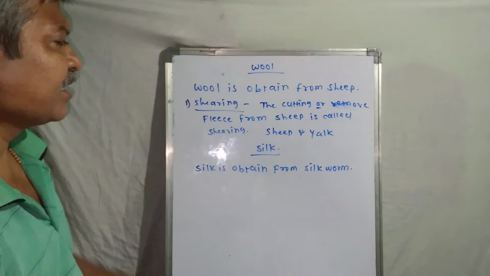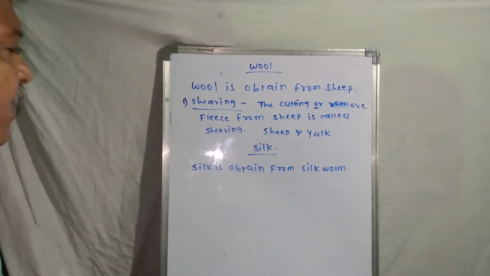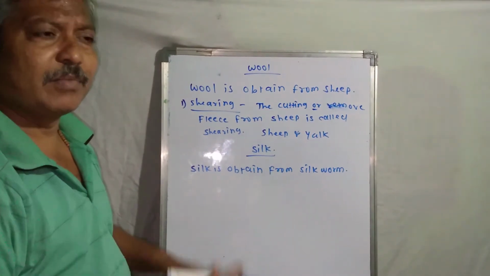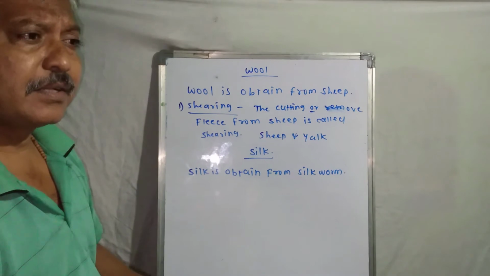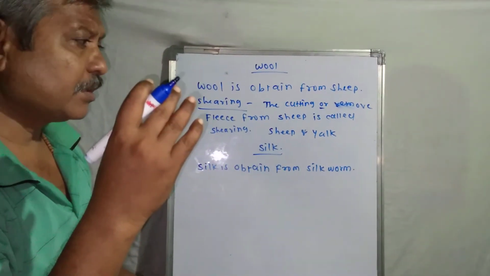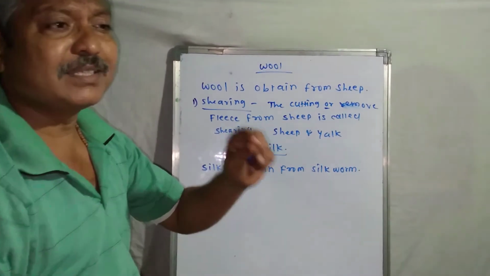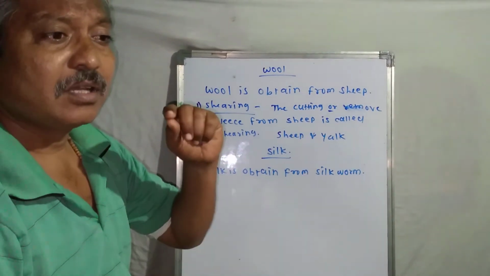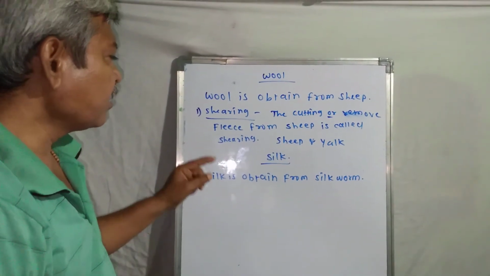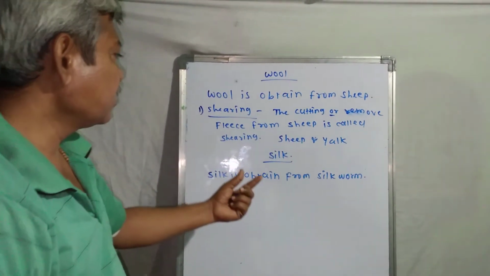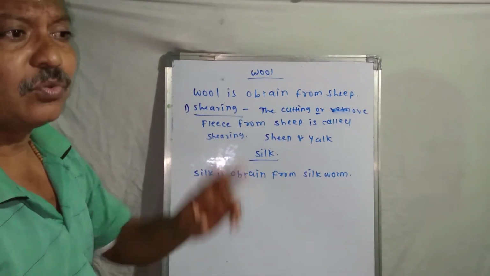This silkworm feeds on mulberry leaves. The mulberry is a special kind of tree, and this silkworm only eats the leaves of the mulberry plant. Therefore, when we want to obtain silk, we rear two things.